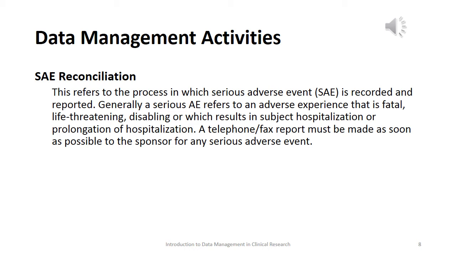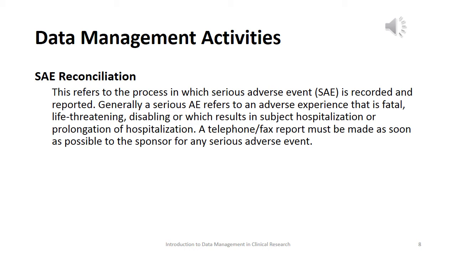So the reconciliation piece is when you've got adverse events, of which you're going to have a lot in a clinical trial. An adverse event can be anything from a headache to a heart attack or a skin rash to something else. So any change in the person's medical condition during the course of the trial could be considered an adverse event.